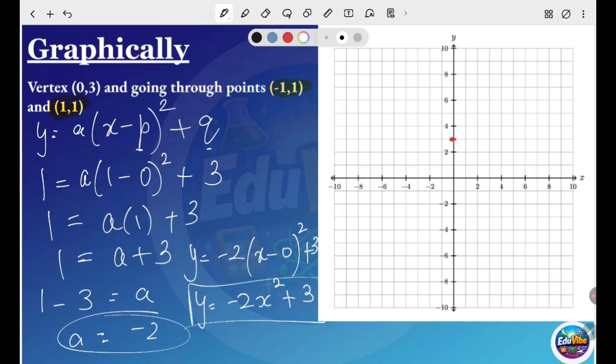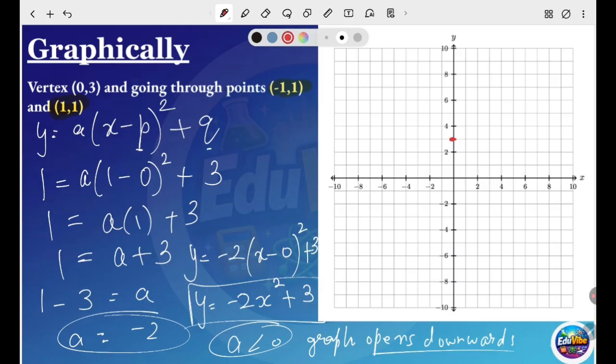Because a is negative, a is less than 0, the graph opens downwards. So let's make the graph for this. So the graph looks like that, and put the arrows over there, like the graph goes down to infinity.